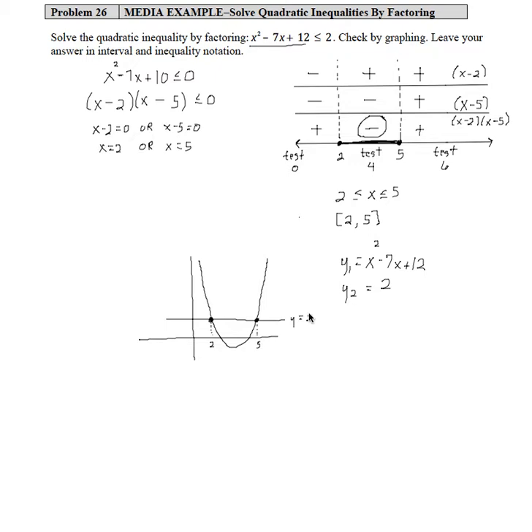And because I want x squared minus 7x plus 12 less than or equal to 2, I want the inputs that give me all of these outputs, the ones below the line y equals 2. So that's going to be the x's between 2 and 5, which confirms what we found using our algebraic method, our factoring method, with our sign chart.